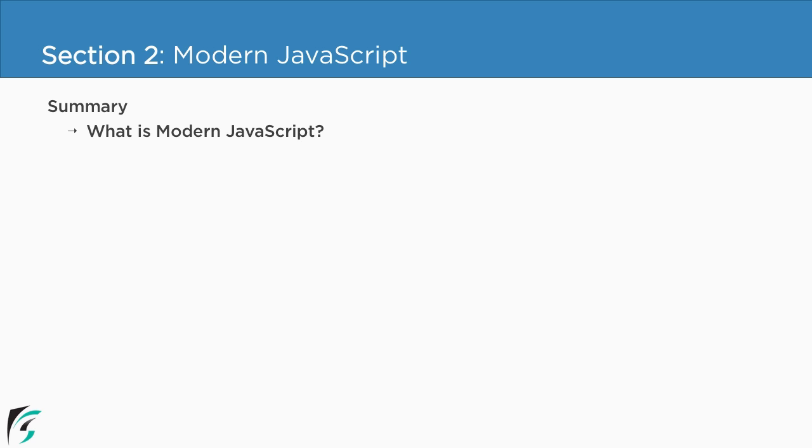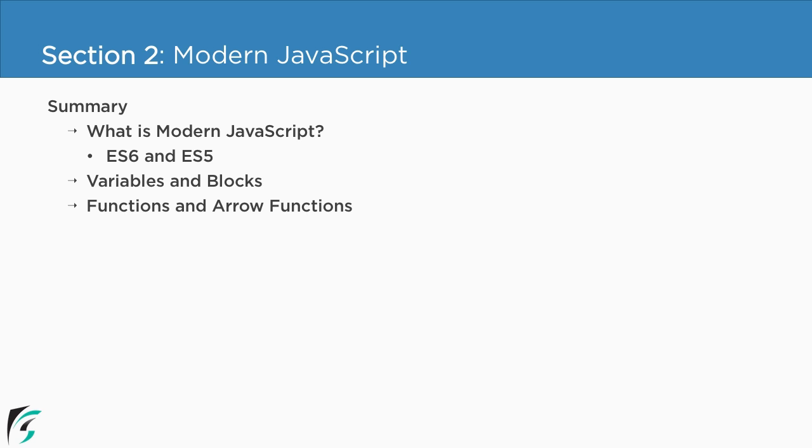So in this section, we first learned about what is modern JavaScript, that is, how different is ES6 from ES5. Then we moved on to see the demo of how to define variables and blocks in modern JavaScript. Then we explored the arrow functions. We dived deeper and explored how to use this keyword within the arrow function as well as within the normal or regular function.